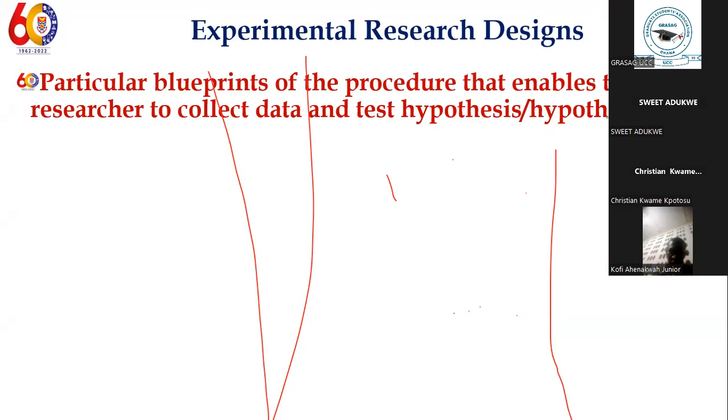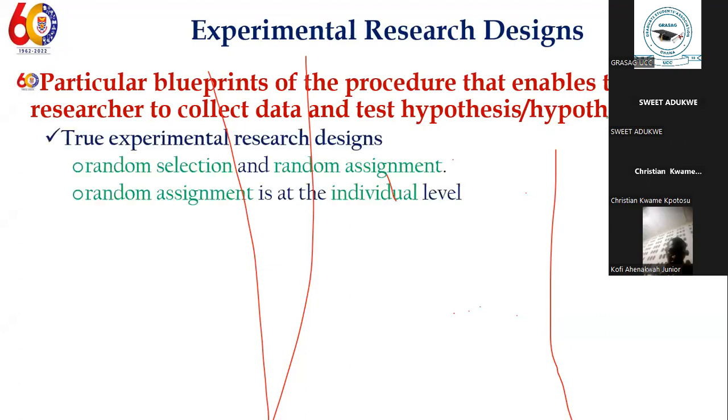So these blueprints enable you to collect data and test hypotheses. But how are those things done? One way of collecting data, bringing an intervention and testing a hypothesis is through the true experimental research designs.